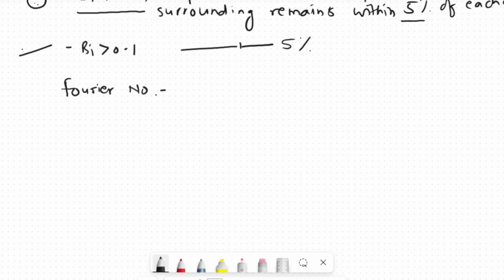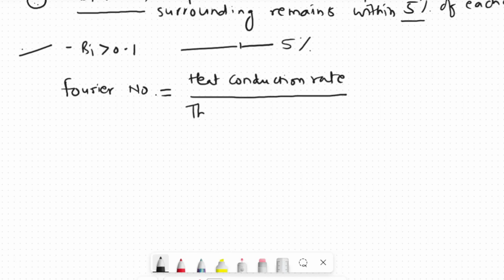It is a ratio of heat conduction rate to the thermal storage.